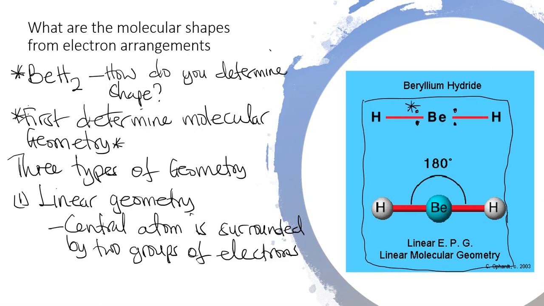So these two groups of electrons are surrounding the central atom. If you have that type of arrangement of electrons, you have a linear geometry.